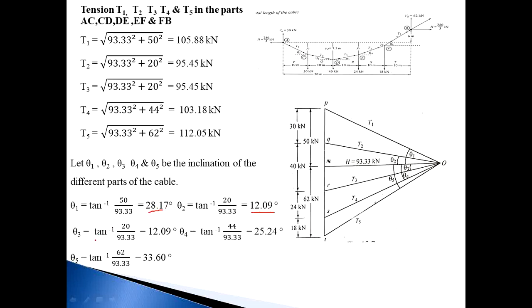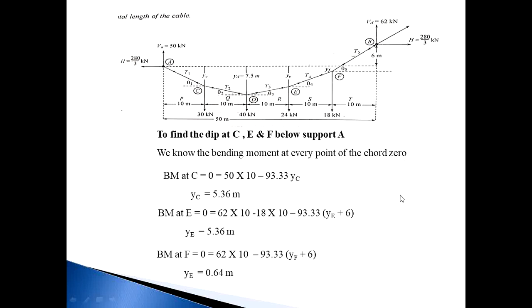Theta 3 is tan inverse of 20 divided by 93.33, so it becomes 12.09. Theta 4 is tan inverse of 44 divided by 93.33, so it becomes 25.24. And theta 5 is equal to tan inverse of 62 divided by 93.33, so it becomes 33.60 degrees.